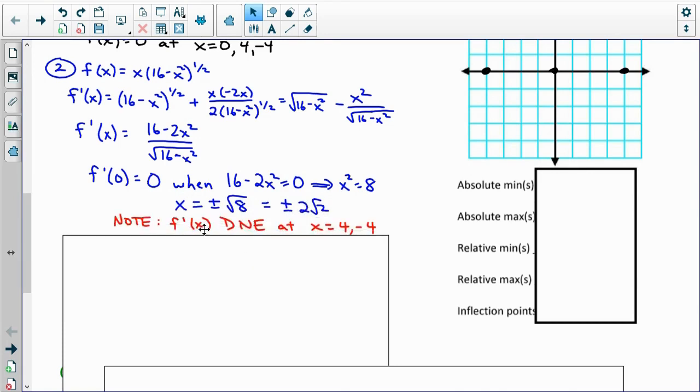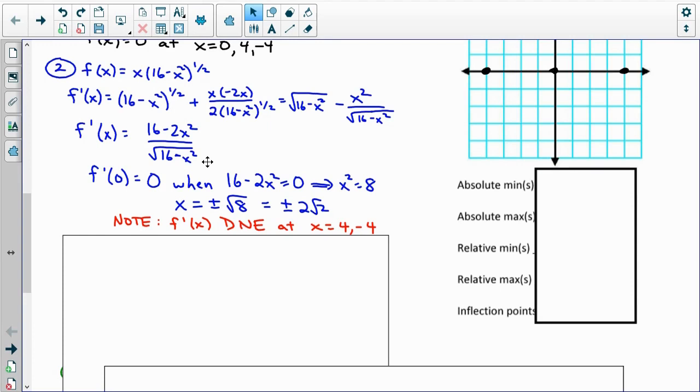You can simplify the radical, but I'm not going to do the rest of the problem. Also note that f prime of x does not exist at the endpoints, because if you substitute in 4 or -4, it makes the denominator 0. So that's something to keep in mind. Since the derivative does not exist, that actually would be a critical point under normal circumstances.